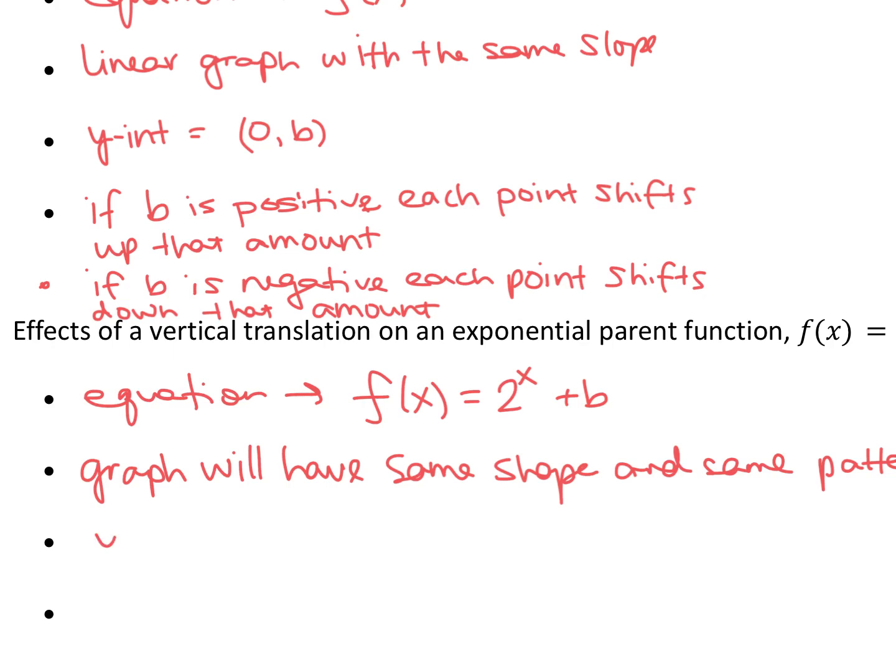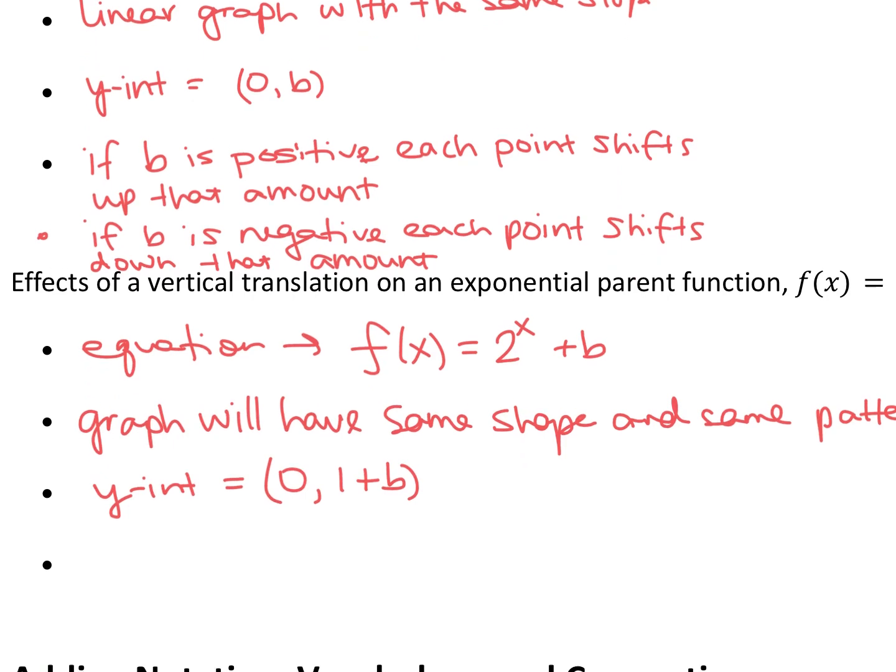For the y-intercept, it's going to just be shifted up by b, right? So initially it was 0, 1 for 2 to the x power, but we're going to add the b to shift it up.